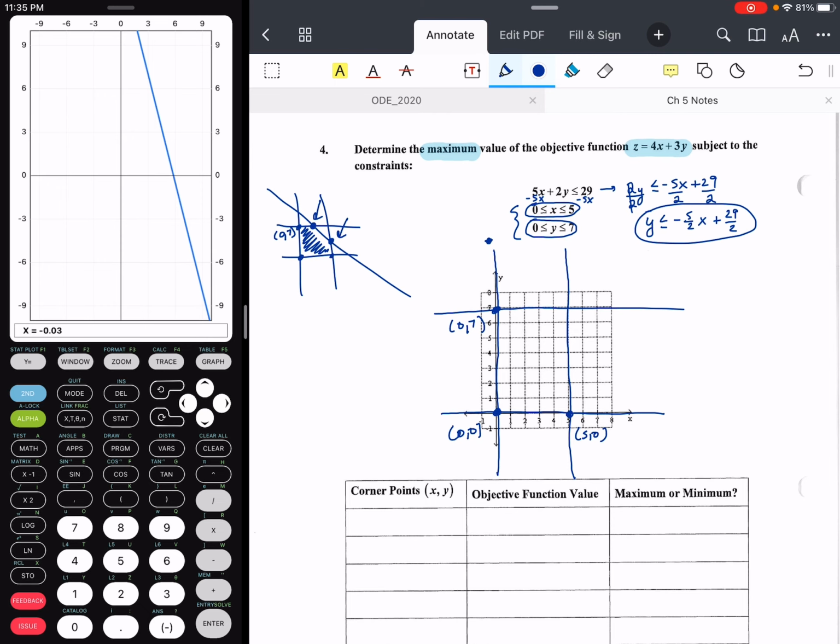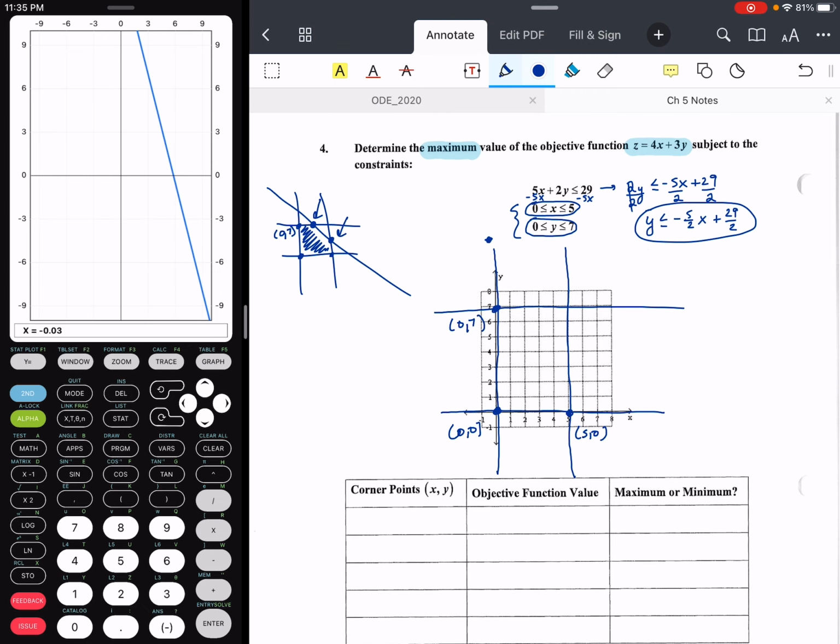So right here, this point to the right, for example, I can see that this lies where x equals 5. Remember, that's that vertical line. So I know that my x value is going to be 5, and I have to fill in my y value somehow. So I can use the trace function for that, right? If I plug in x equals 5, that gives me y equals 2.